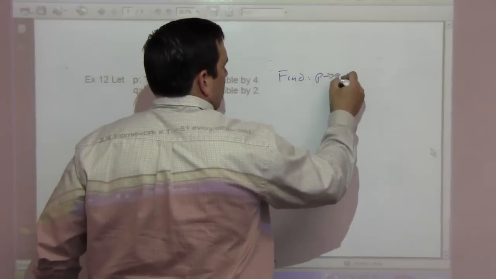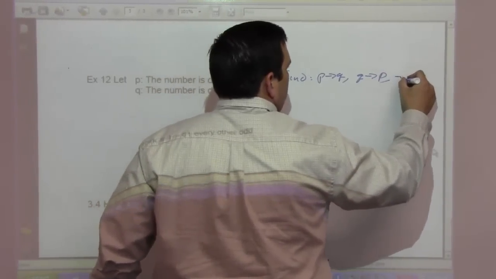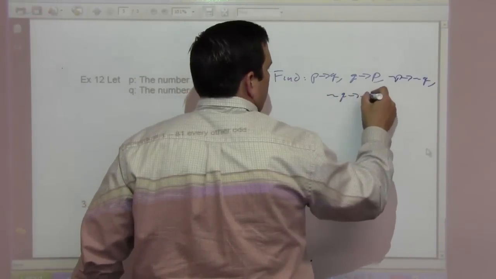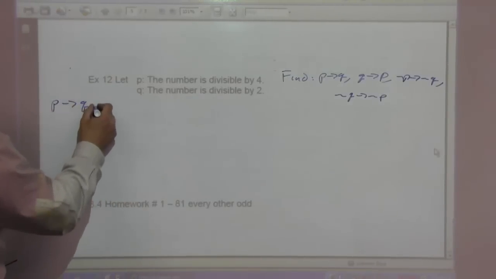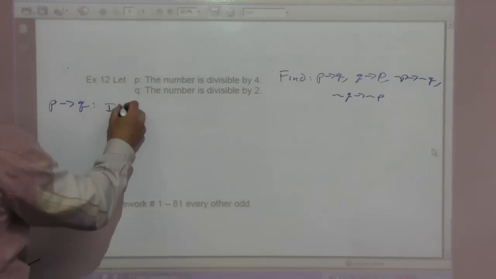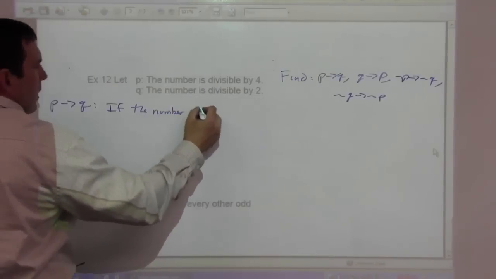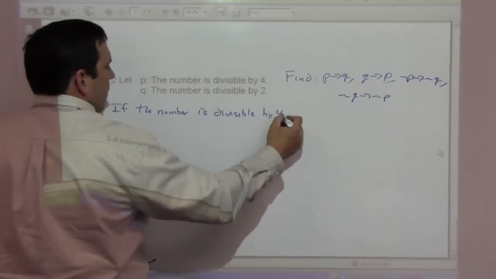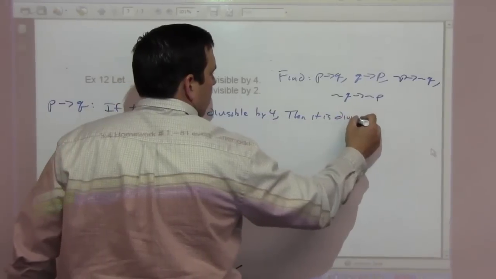if P then Q, if Q then P, if not P then not Q, if not Q then not P. So if P, then Q: if the number is divisible by 4, then it is divisible by 2.